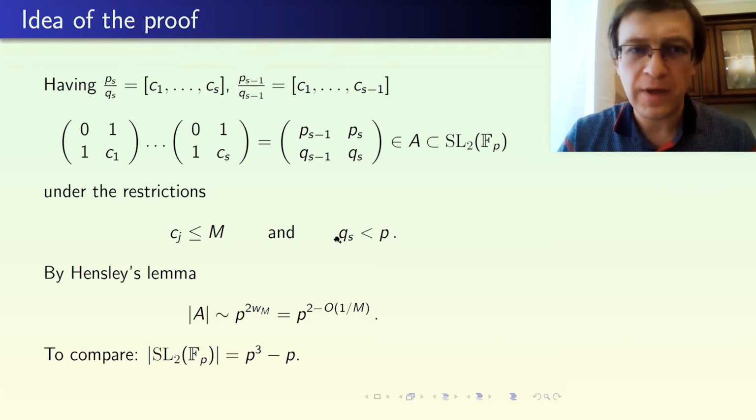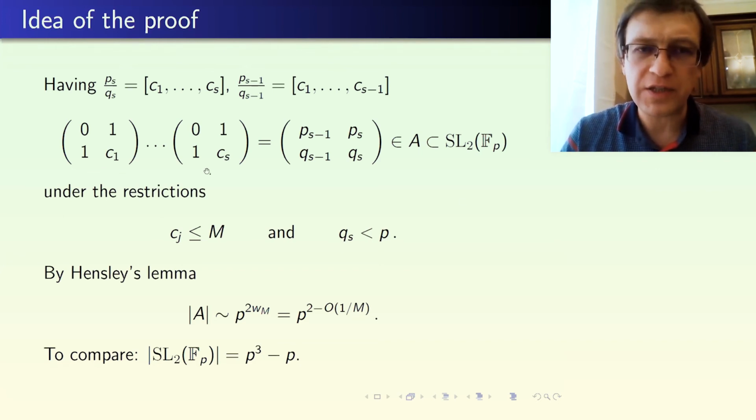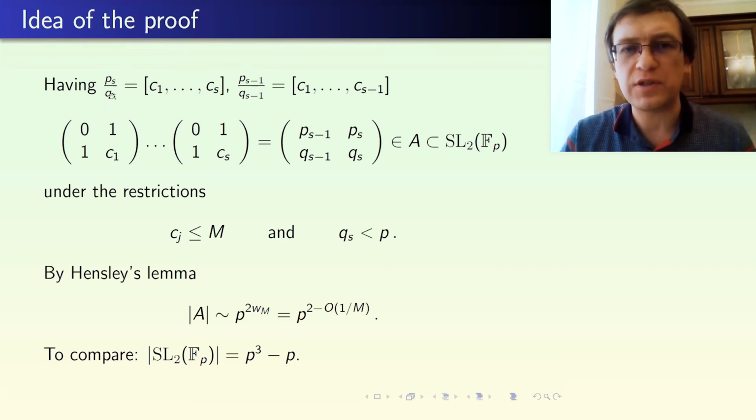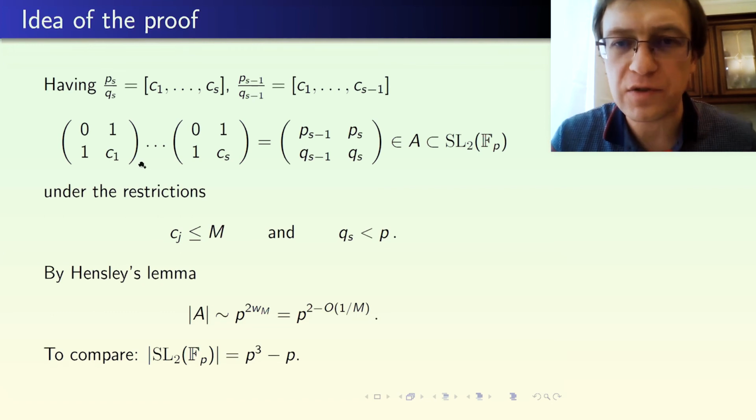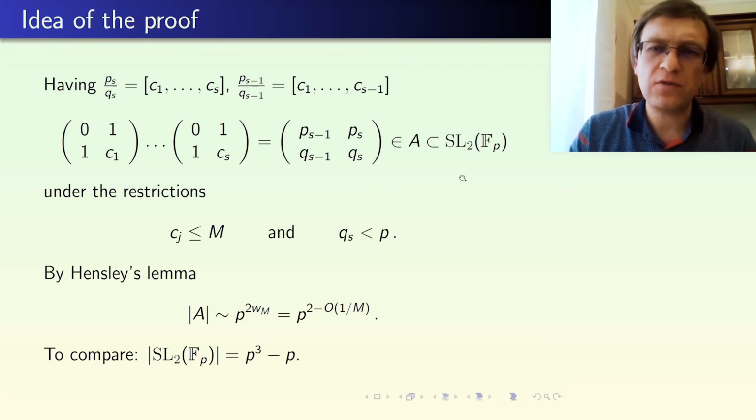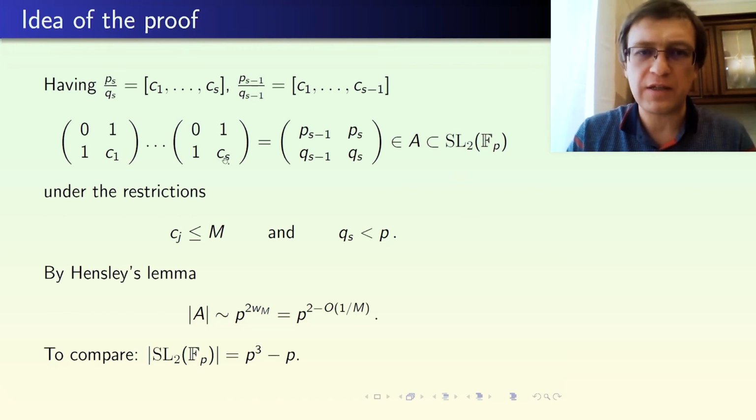SL2 of FP. You just multiply such matrices, and this 2x2 matrix corresponds to this rational number. It's not from SL2, but if you take even S, it will be from SL2.